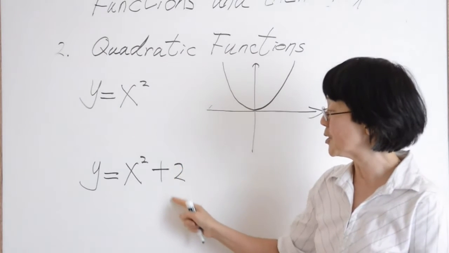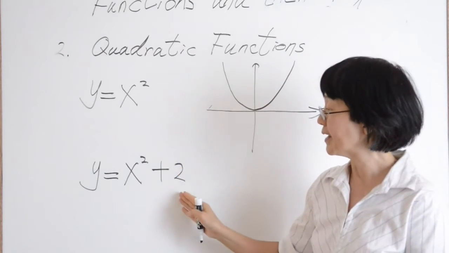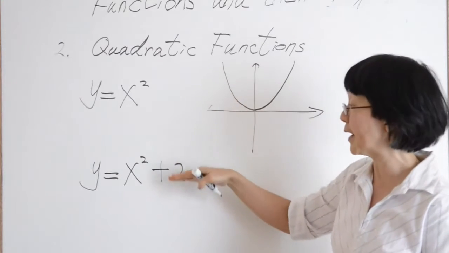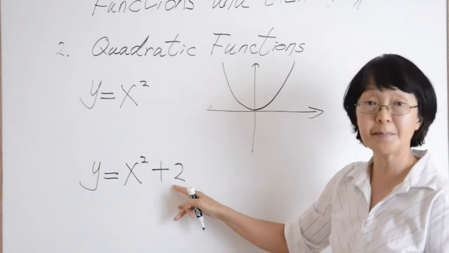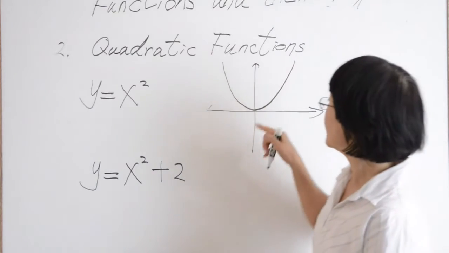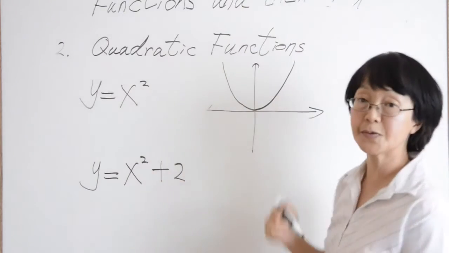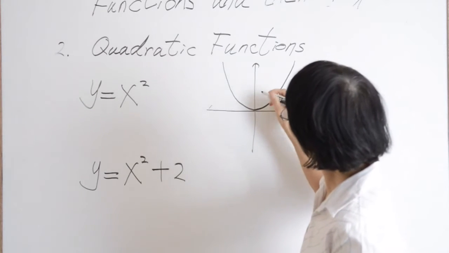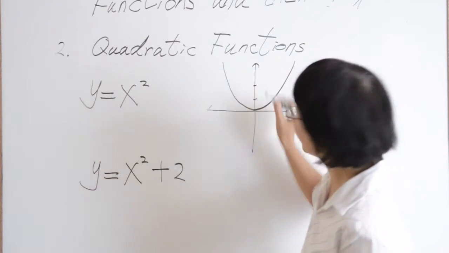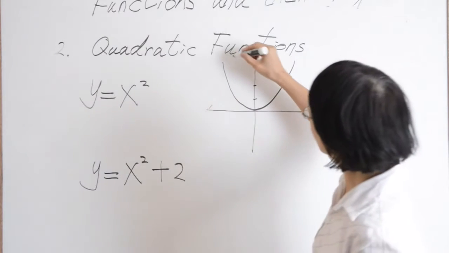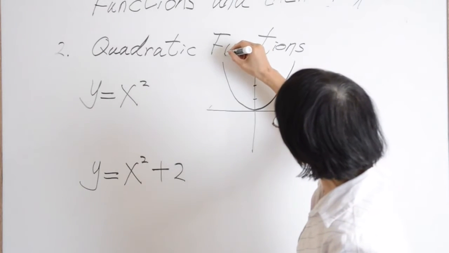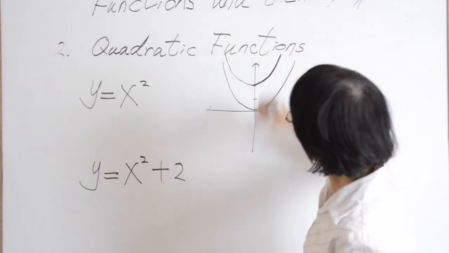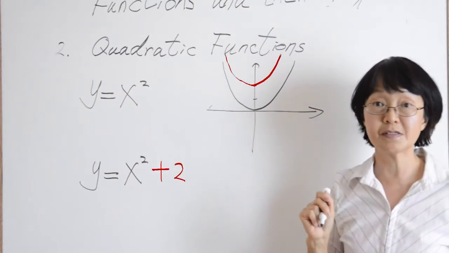This 2 tells you the vertical shift of the graph. It's going up or going down, depending on this number. If it's 2, this whole thing moves up 2 units. So this is 1, 2 there, 2 there. The graph will be exactly the same graph, moved up 2 units. You see that?